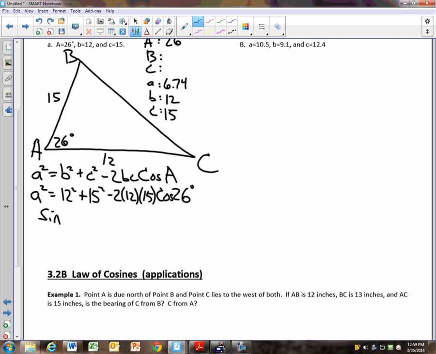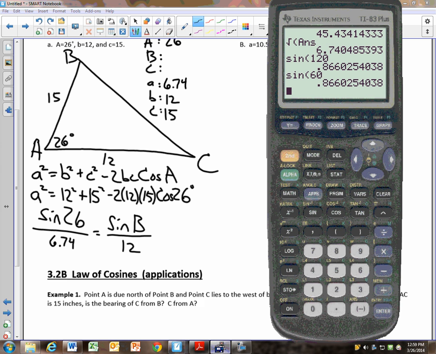So we set it up. Sine of 26 divided by 6.74 equals sine of beta, we'll call B, divided by 12. Remember, there's no way that could be obtuse.